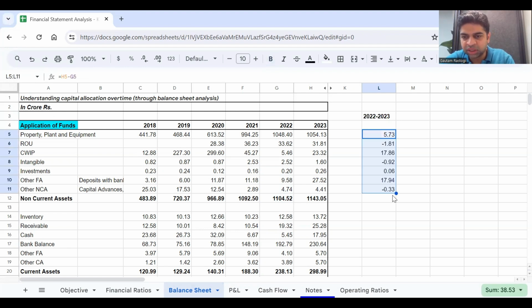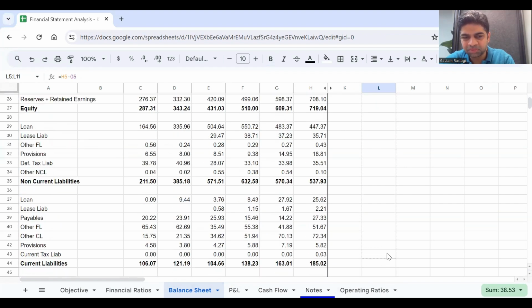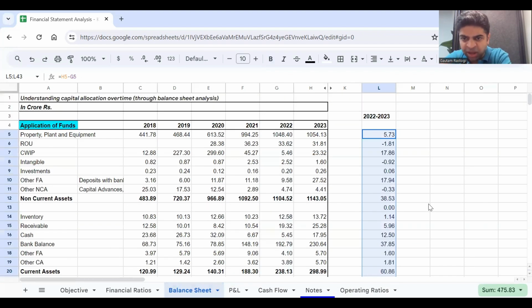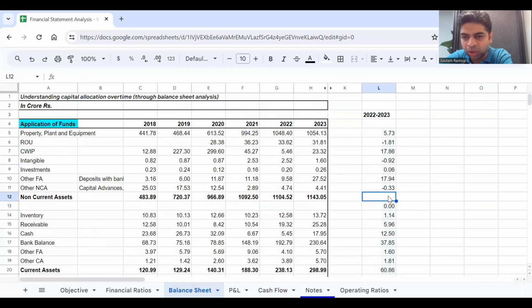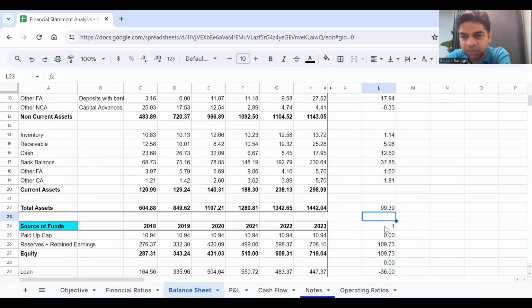I'm not concerned about the totals or how the totals have changed year on year, but more so how the individual line items have evolved, and whether there are any significant magnitude items that come across. So we'll focus on them.